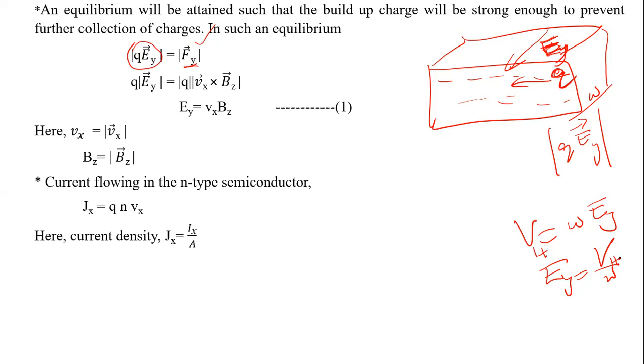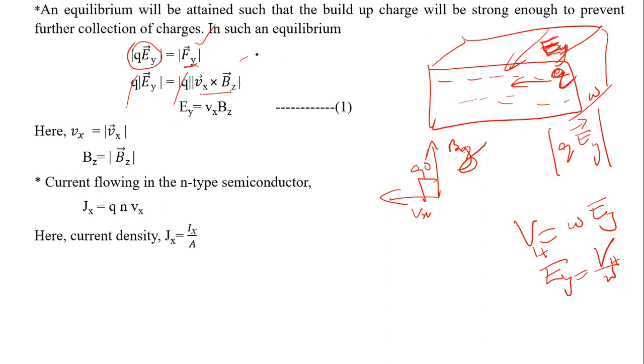Now, here you can see that by taking the magnitude of the force, the negative sign will be gone and Q will cancel out. We know that Vx is along X and B is along the Z axis, so there is a 90-degree angle between them.